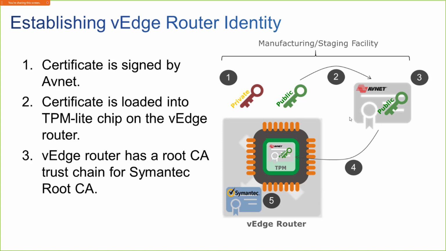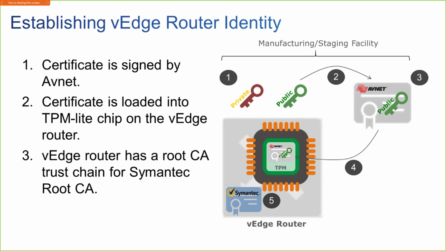Now, as I mentioned in my previous discussion about the trusted board ID chip, that's a crypto processor that contains the key information. It gets installed during the manufacturing process with the certificate itself. All of that information on that TPM is used for device authentication.